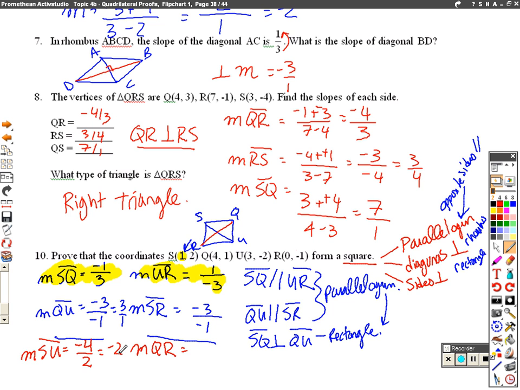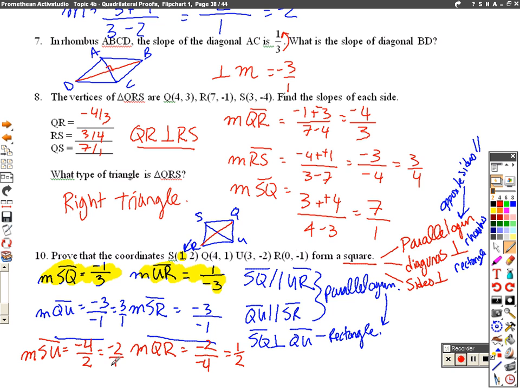How about QR? Negative 1 minus 1 is negative 2, over 0 minus 4, which is negative 4. And 2 over 4 turns into 1 over 2. And this is over 1, negative 2 over 1.